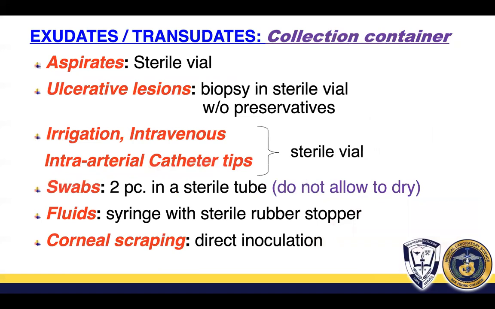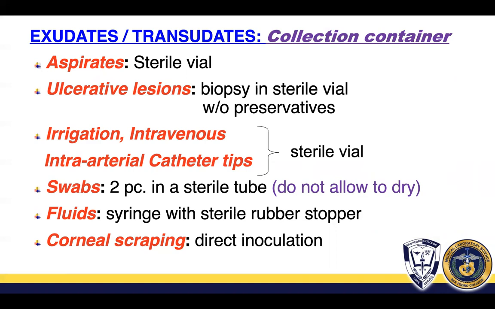Okay, for the containers, okay, for aspirates, they should be placed in sterile vials. For ulcerative lesions, like biopsies, okay, they can also be placed inside sterile vials without preservatives. Irrigation, intravenous, and intra-arterial catheter tips can usually be placed in sterile vials. Swabs, again, remember, 2 pieces, and they should be placed in sterile tubes.